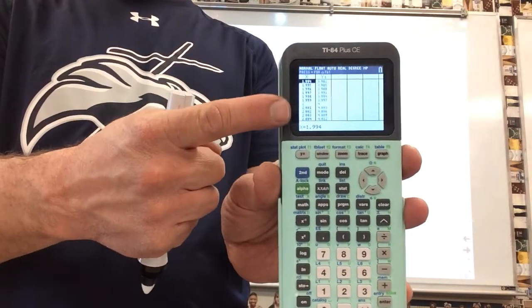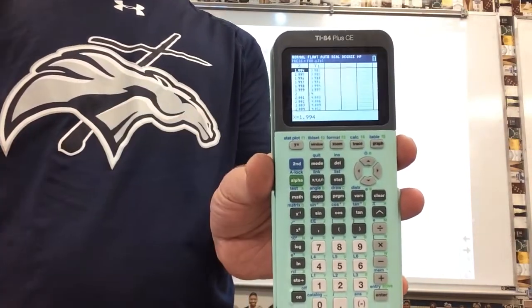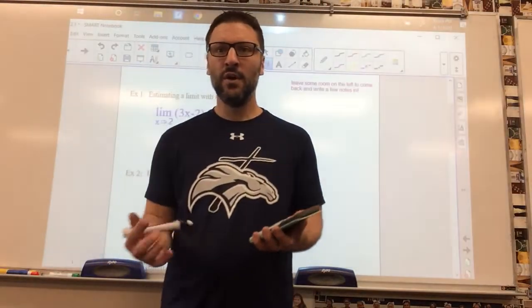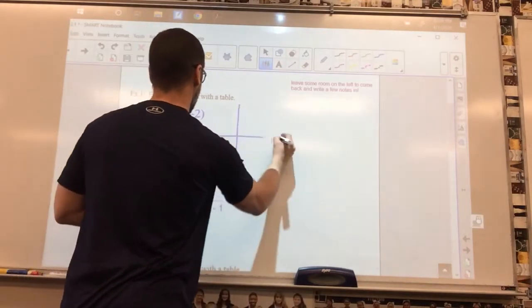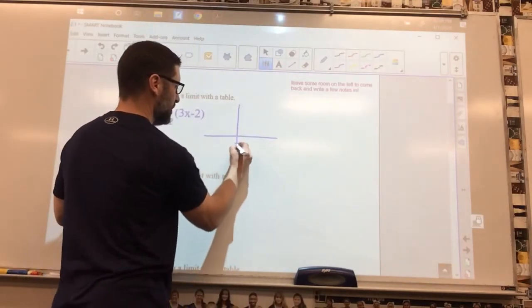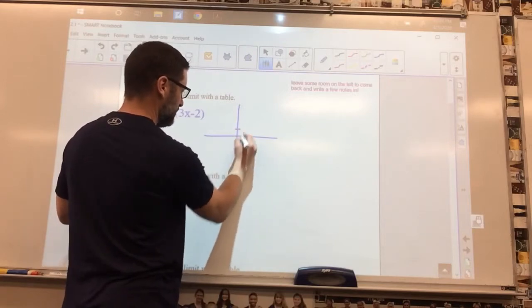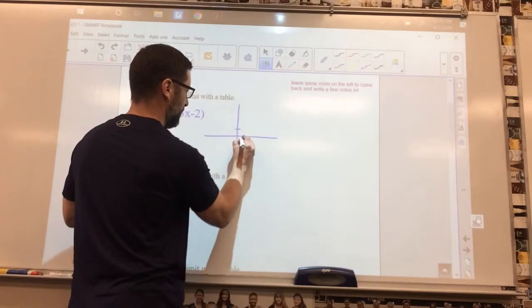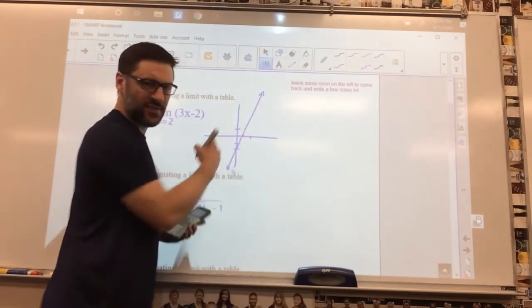I see 2 there is the one without the decimal, and then I see a number on each side of 2. What I'm asking myself is, on each side of 2, what is the value? From a graphical perspective, 3x minus 2 goes up 3 over 1. So the graph looks something like this, and here I am at 2.